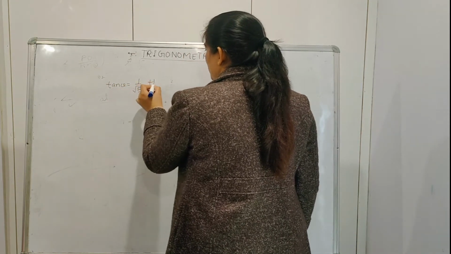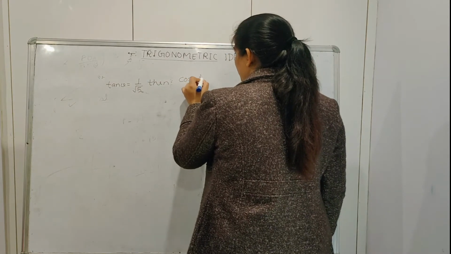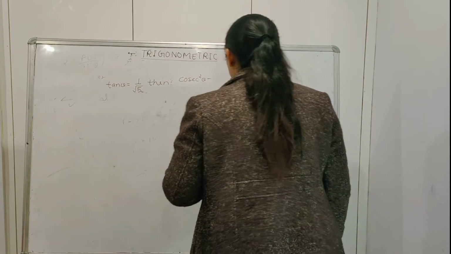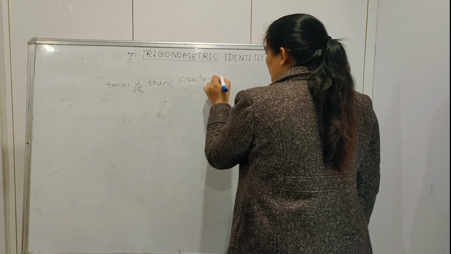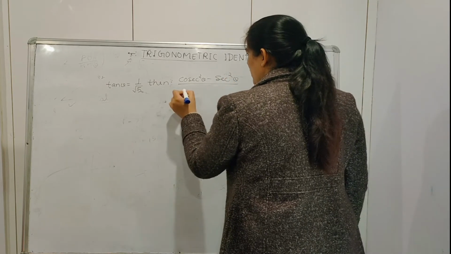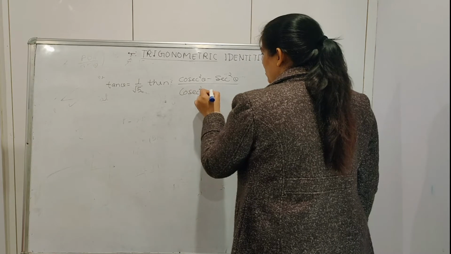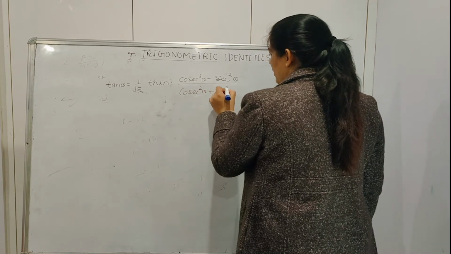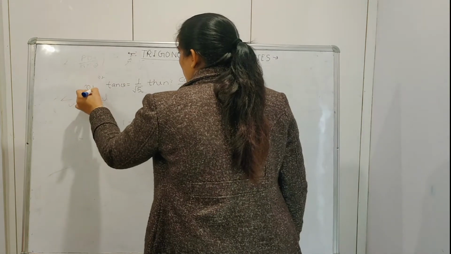Then find cosec square theta minus sec square theta divided by cosec square theta plus sec square theta. Okay, the question is here.